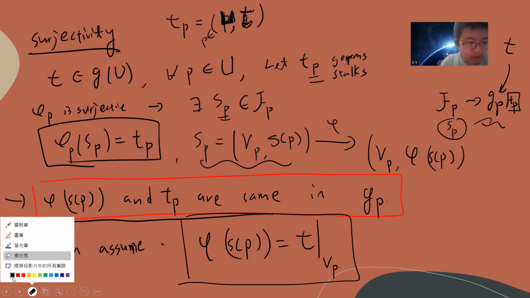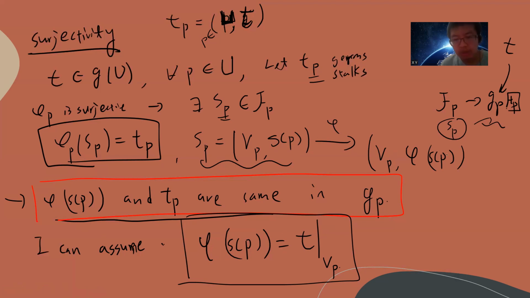Okay, now we are good, because we find some open cover V_P such that T and phi(S_P) are the same. Now we should use the gluing property. U is covered by V_P, because for each P we can take this.